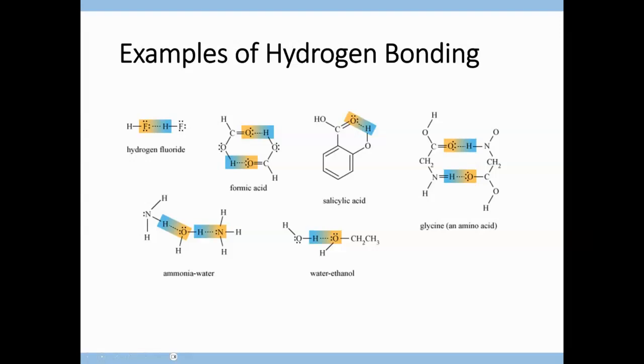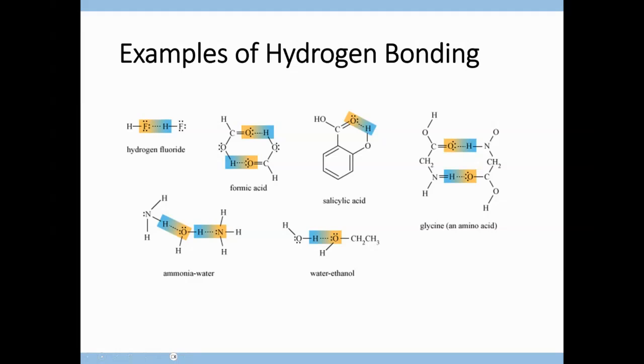Here's some more examples of hydrogen bonding. So it can occur between 2 different molecules. Here's water. We have both conditions met: hydrogen bonded to oxygen, and we have another oxygen. So there's a hydrogen bond between these 2. Here's another one between 2 different molecules. We have water.